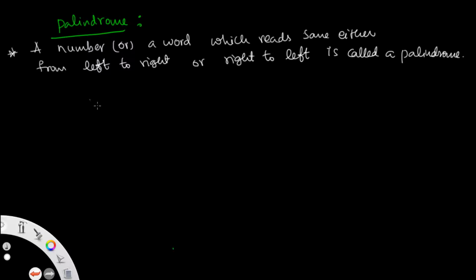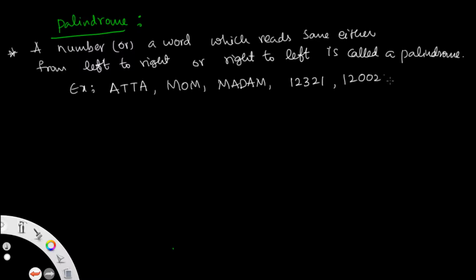Some examples are ATA, ATTA, mom, madam, and as numbers 1 2 3 2 1 or 1 2 0 0 2 1, etc. This type of numbers or words are called palindromes.